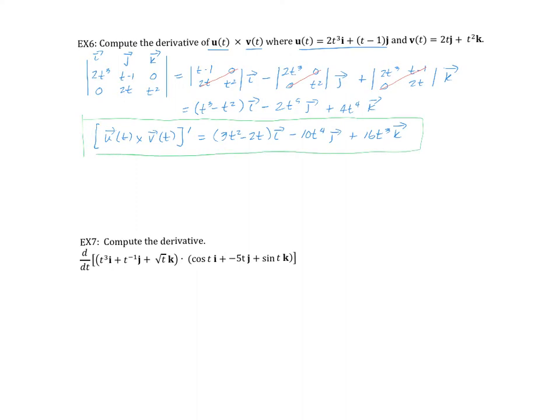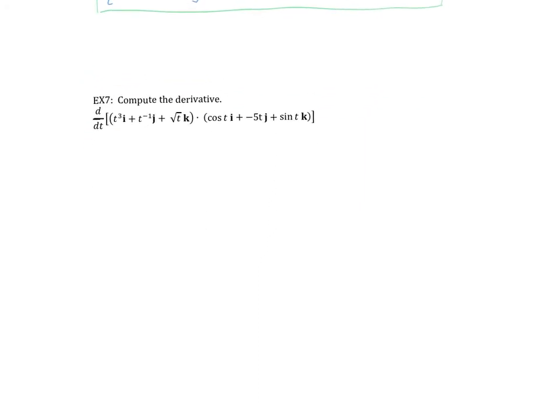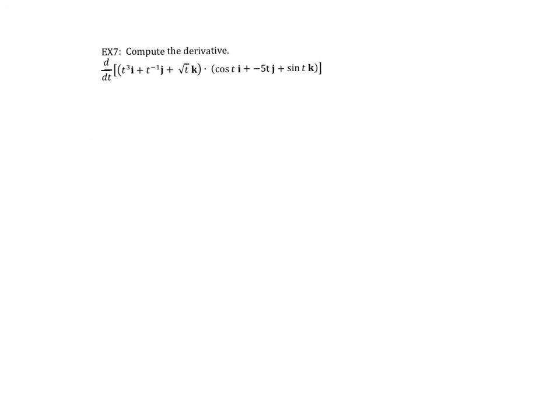So in this case, it was much easier to do the cross first, then take the derivative. Now you could try it using the right-hand side of the formula. You'll get something that's super long, and then you'll have to simplify it.